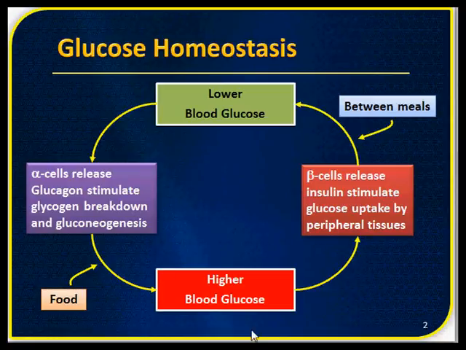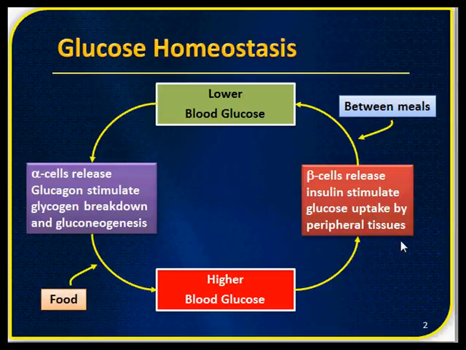Supposing we look at a scenario where the blood sugar is higher than normal, let's say 150, 200. Immediately it is the beta cells of the pancreas, instead of the alpha cells, that are stimulated, and they produce insulin, which in turn stimulates glucose uptake by the peripheral tissues.